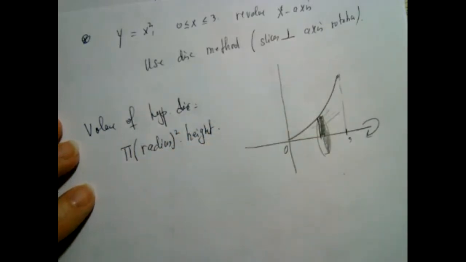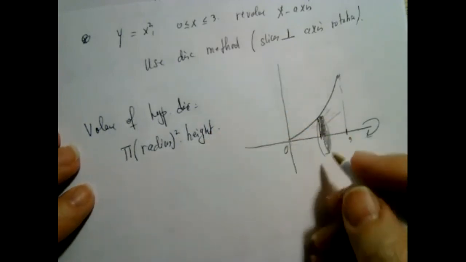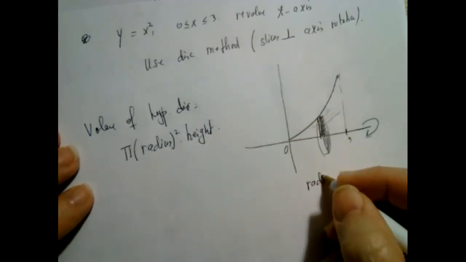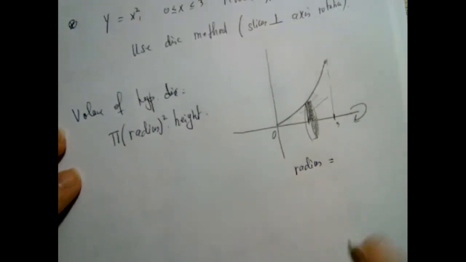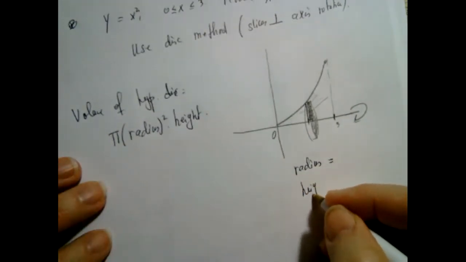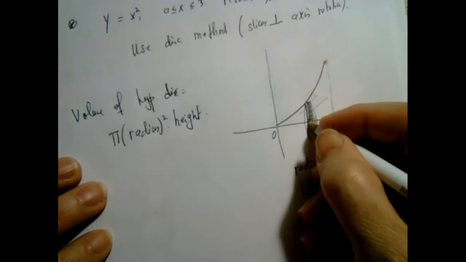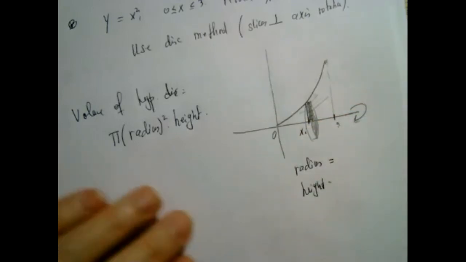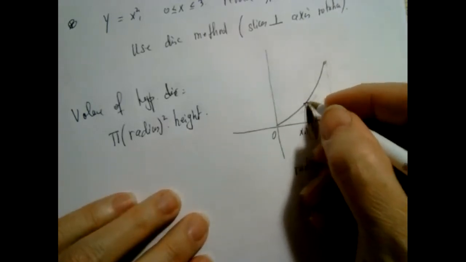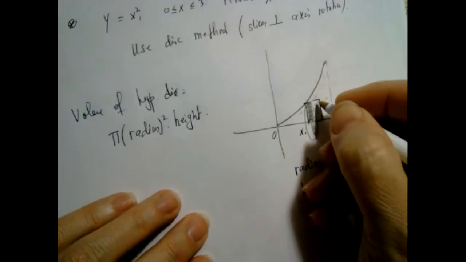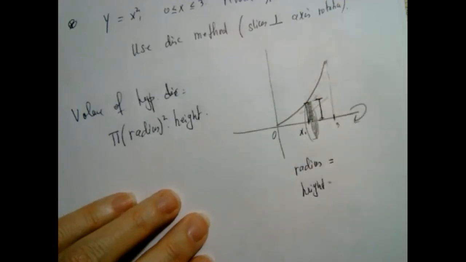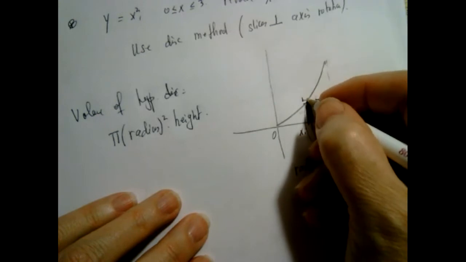Then we have to figure out every aspect of it. So what is the radius in this case of the disk? And what's the height? This is basically my xi. That's the radius of my disk. And the height is this piece right there.